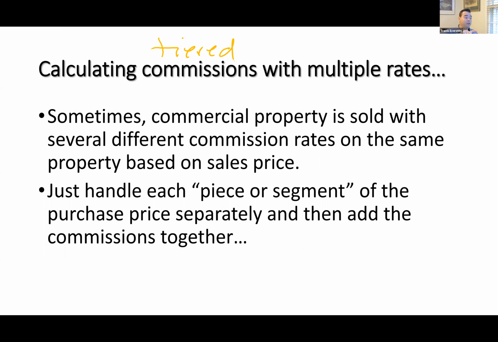For any amount that goes over $1 million, you get 7%, but only on the amount above $1 million. Not on the whole thing. So that's 2 pieces. We could do 3 pieces. What you're going to do is just separate them into separate commissions, deal with each one separately, and then add them together.